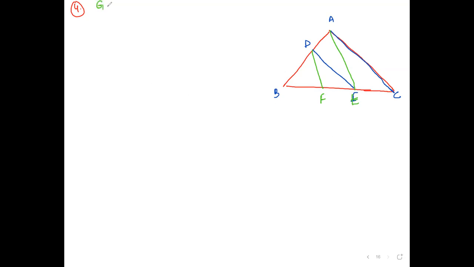Okay, so prove that this thing. Write down what is given first of all. DE is parallel to AC and DF is parallel to AE. To prove, you have to prove that BF upon FE is equal to BE upon EC.